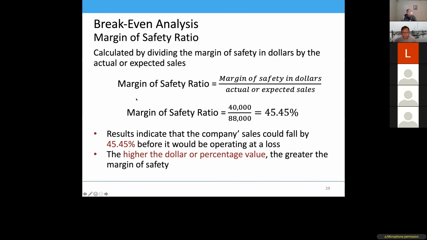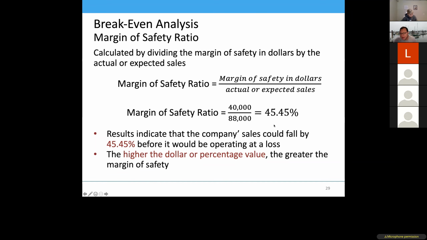Okay, so what does this mean? This means the company sales can fall by 45.5% before it generates a loss situation. So the higher this number is, the greater the safe margin is.